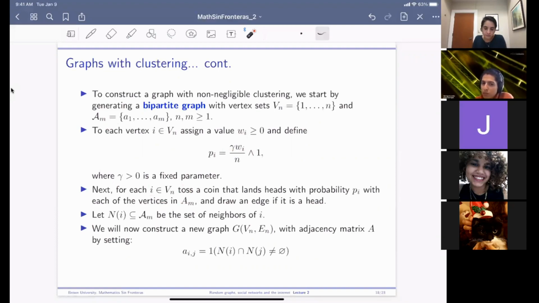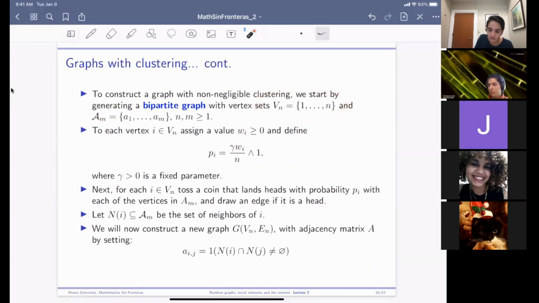Now that we have that, we're going to create the connections among actors. And you're probably familiar with this particular graph, which is two actors are connected if they participated in the same movie, right? So using the V set and the A set and the edges between these two, I am now going to create edges among the actors themselves.